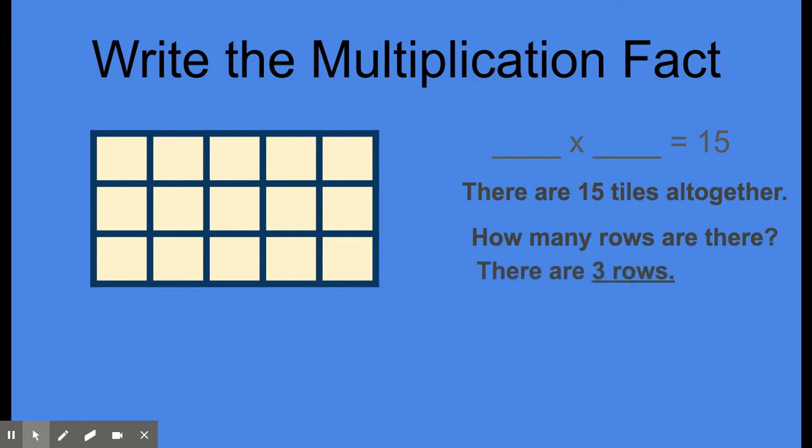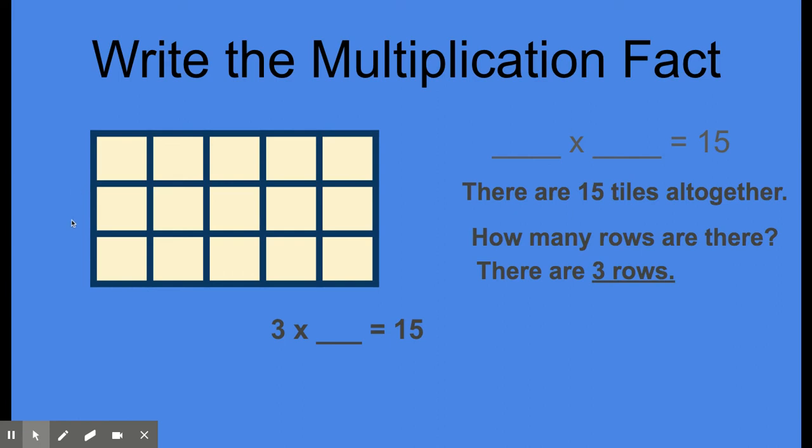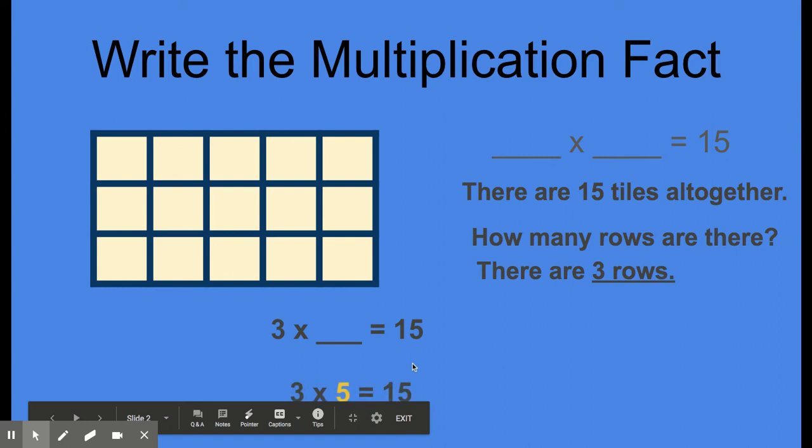So there are 3 rows. So our multiplication equation would be 3 times what equals 15. So we know this side and this side is 3. So we need to know what this side is. And there are 1, 2, 3, 4, 5 columns. So 3 times 5 equals 15.